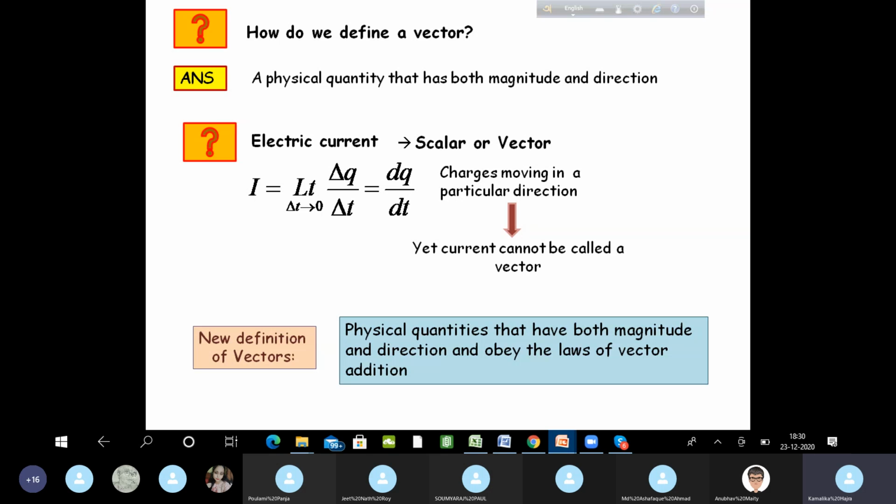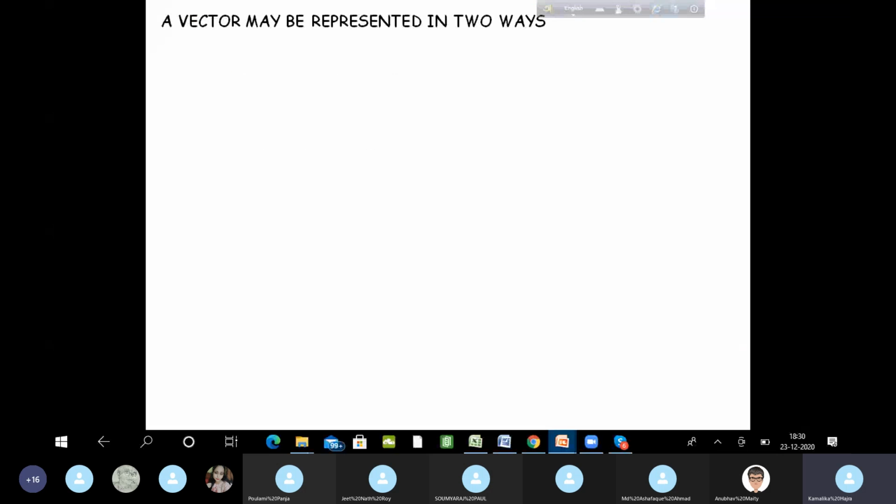Next, we'll see how a vector may be represented. Now, this representation is not what we see in print. You know that in print, when we write a vector, we write a letter and we give an arrowhead on the top of it, which means that we are denoting a vector quantity.